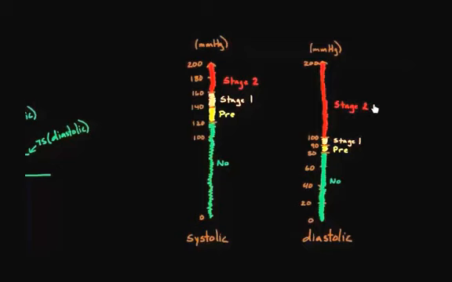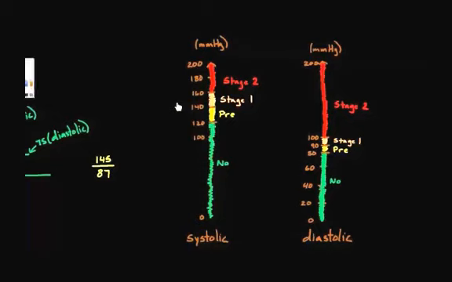So I'm just going to do a couple quick examples for you. Let's say that you have 145 as a systolic, and your diastolic is, let's say, 87. Well, 145 is right here, right? And 87, actually let me do it in the same color just to be consistent.